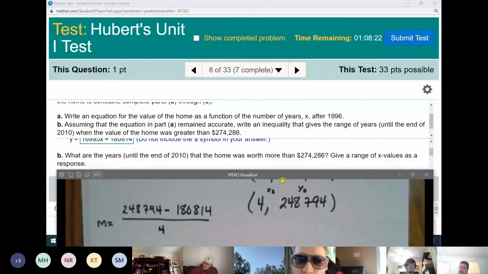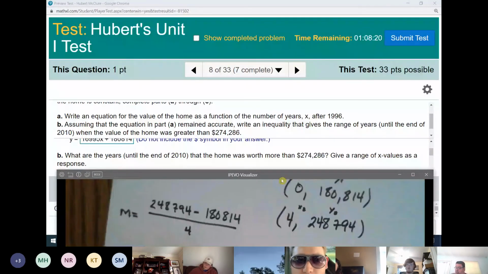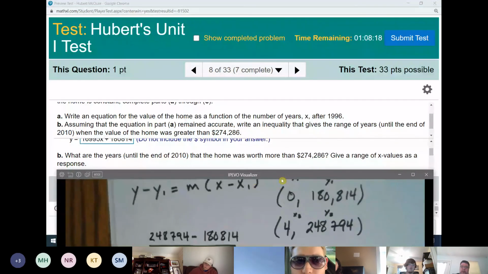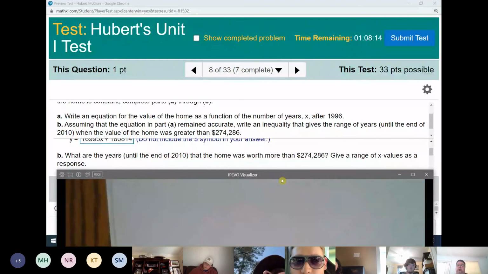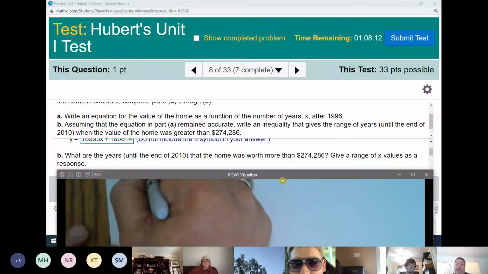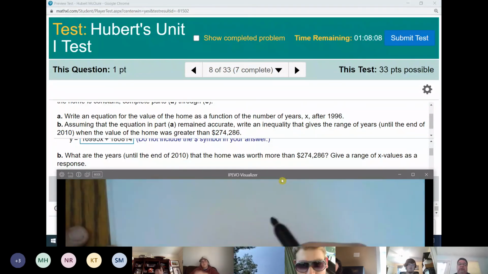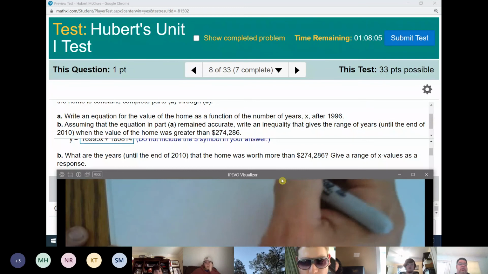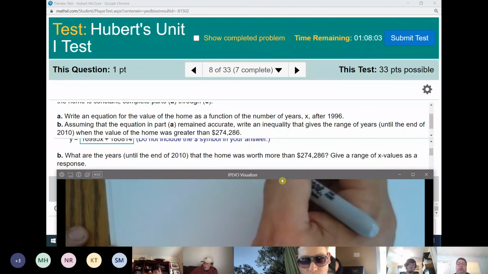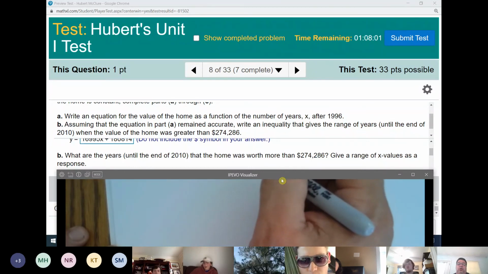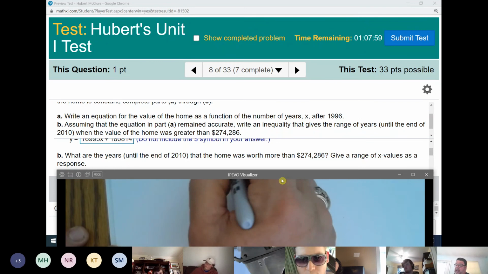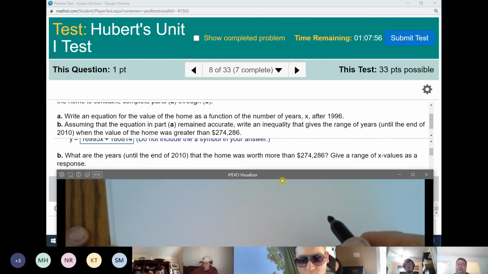I'm going to say $274,286 is greater than, it says, what are the years that the home was worth more than that?